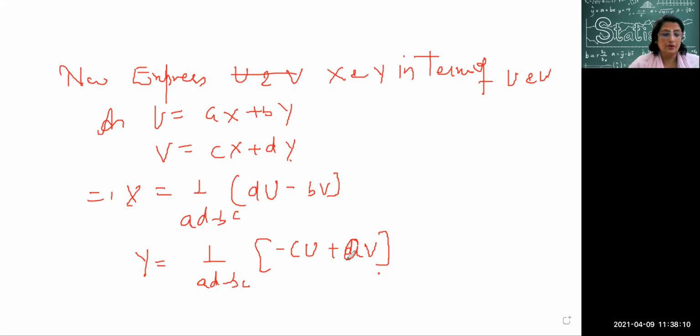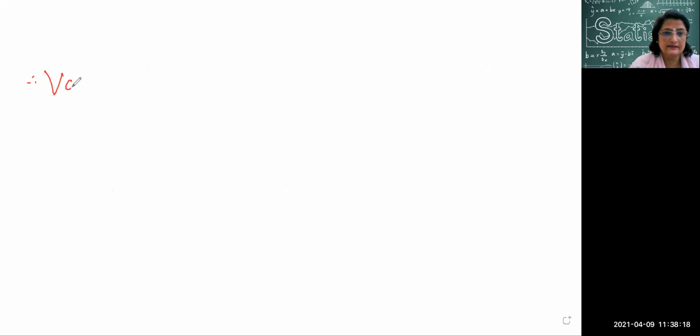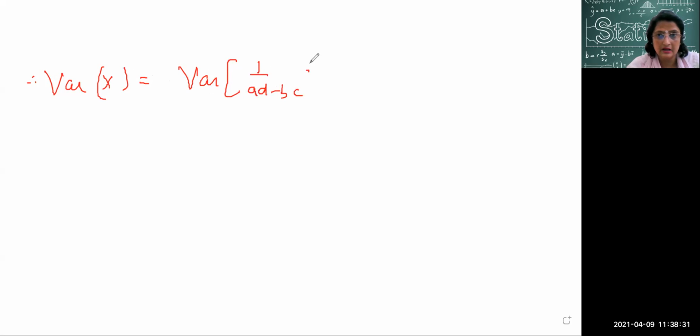Right? So now, first of all, we will find the variance of x. What is the formula of variance of x? Directly we will not apply the formula, because here you need the value of x. The value of x is 1 by (ad minus bc) into (du minus bv).